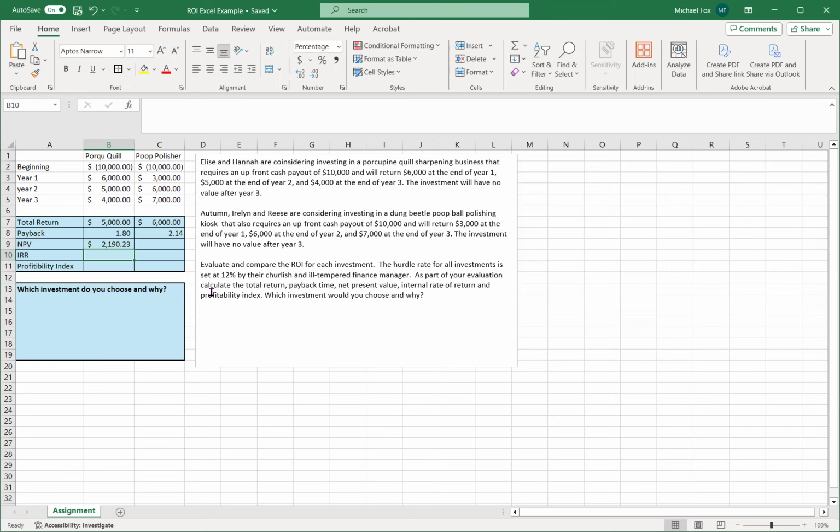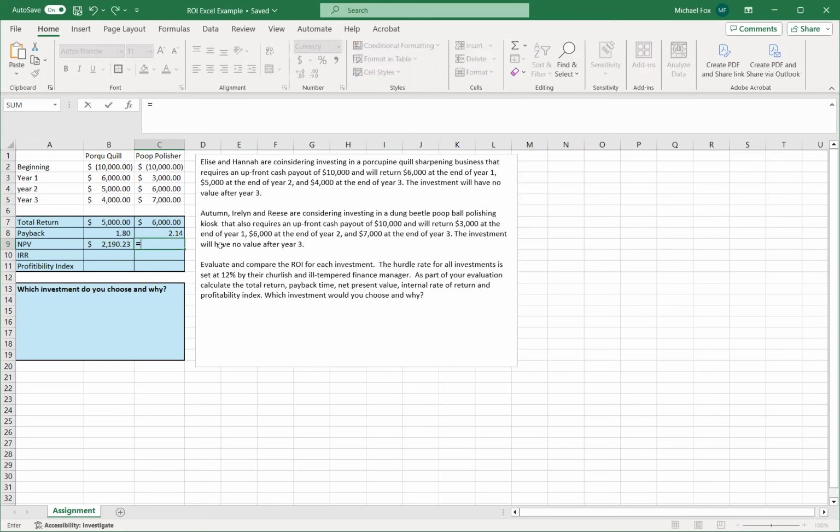I know that's confusing, but if we earned exactly 12%, our target or hurdle rate, then our net present value would be zero, but we're earning $2,190 more than that target rate. Okay. And so typically when we're evaluating for ROI, any positive net present value is considered a good investment, because it means we're making back more than our base hurdle rate.